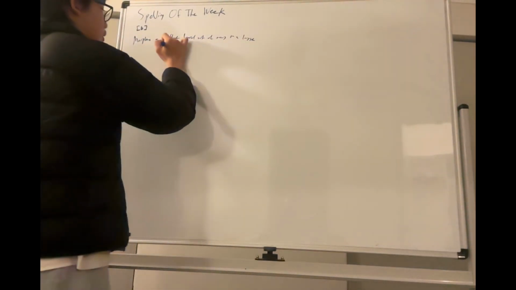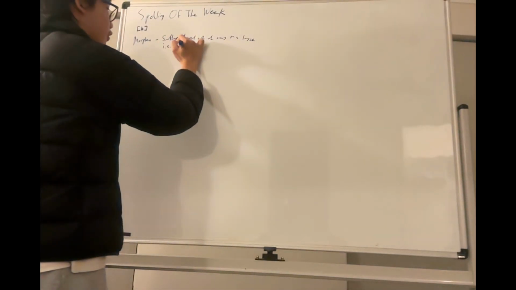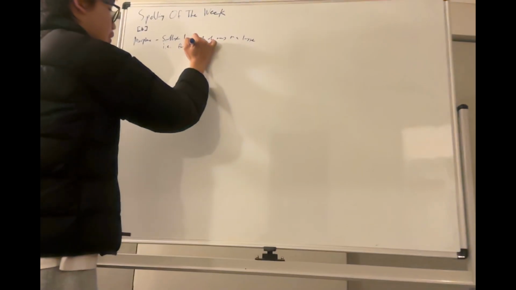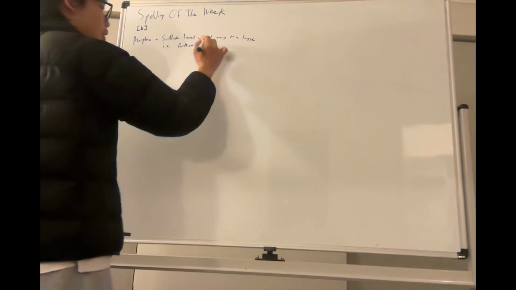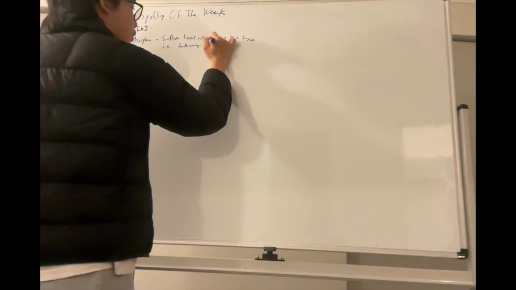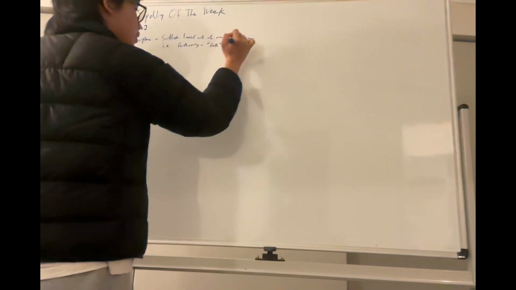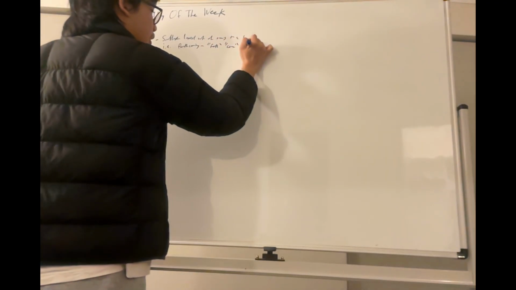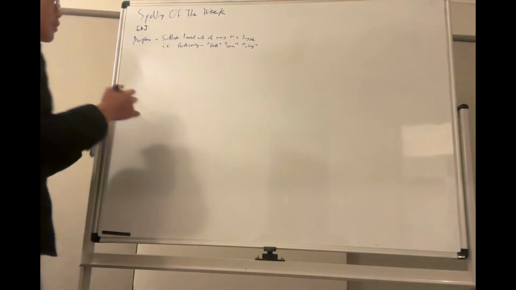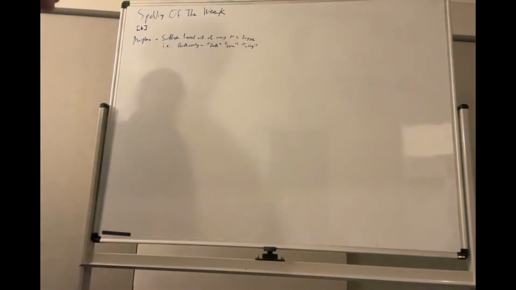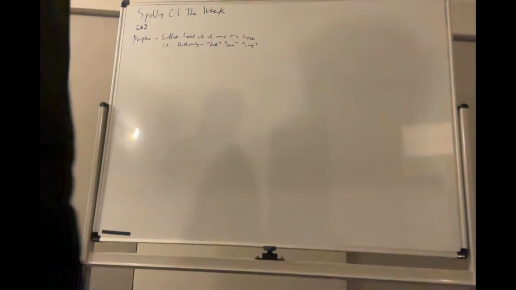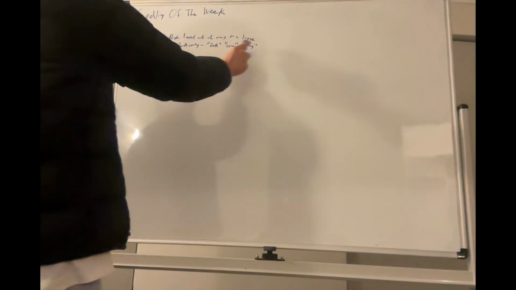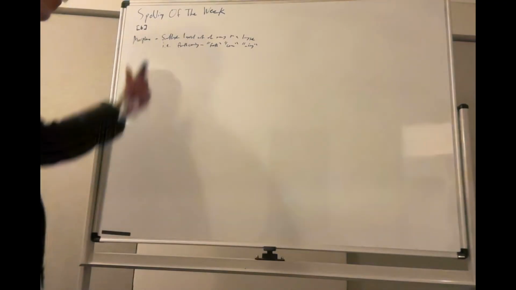For example, forthcoming is forth, come, ing. Right? So that one word has 3 morphemes, and they all mean different things, right?